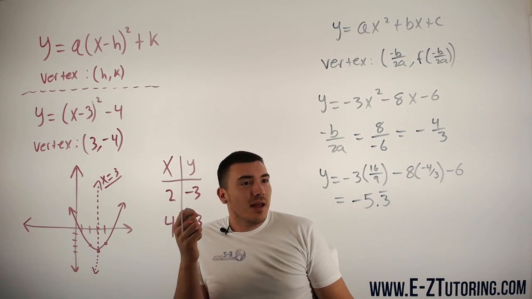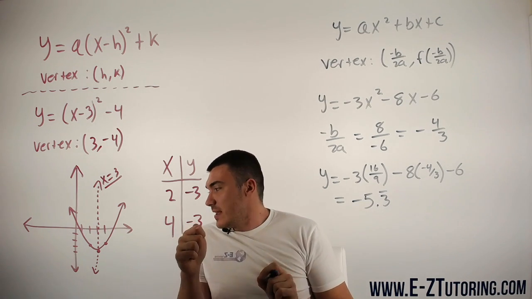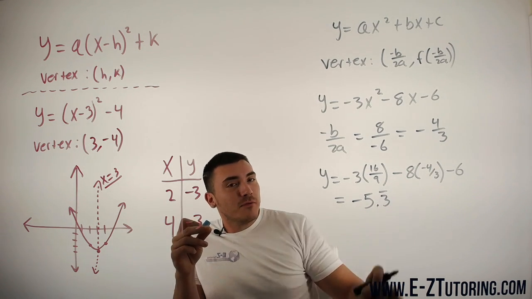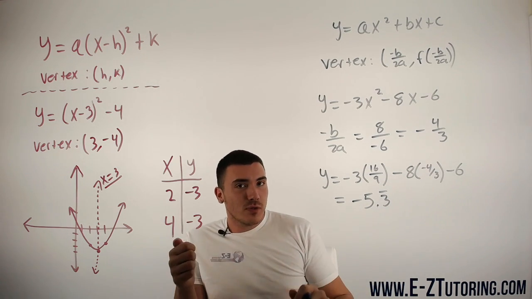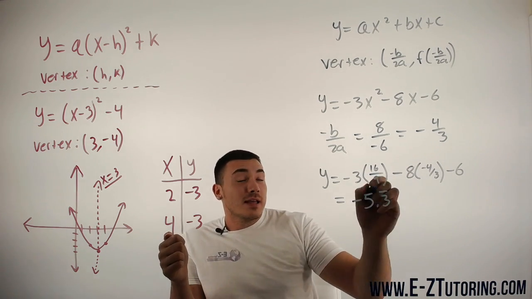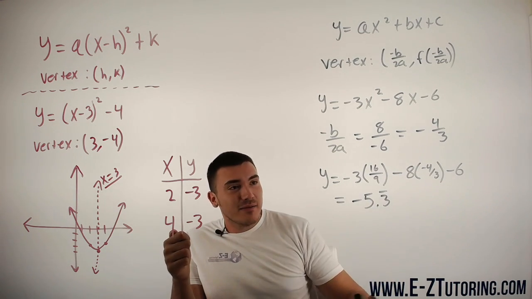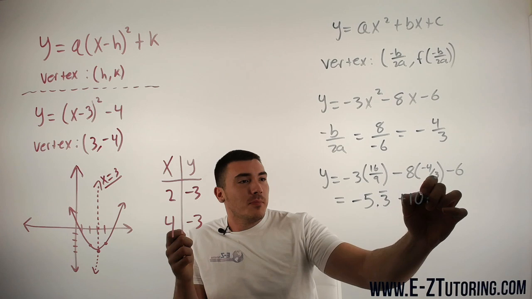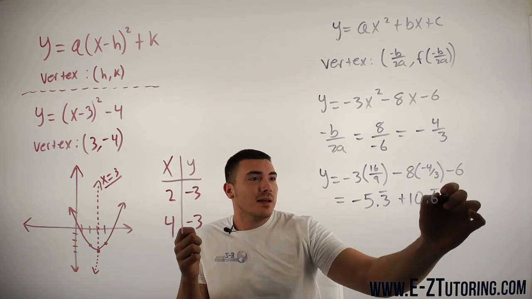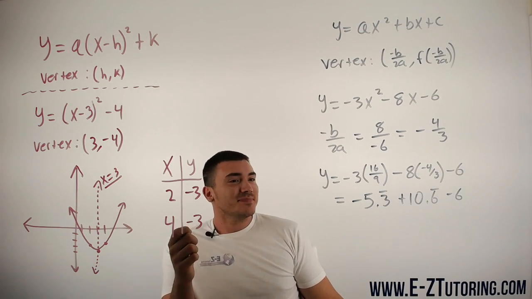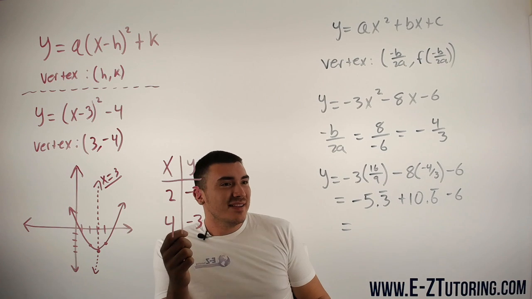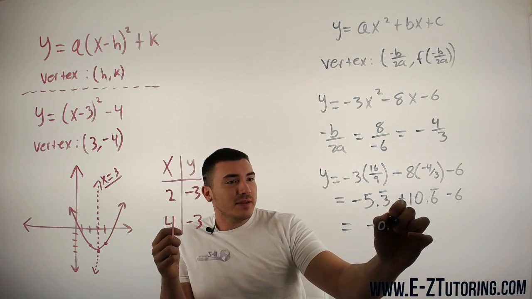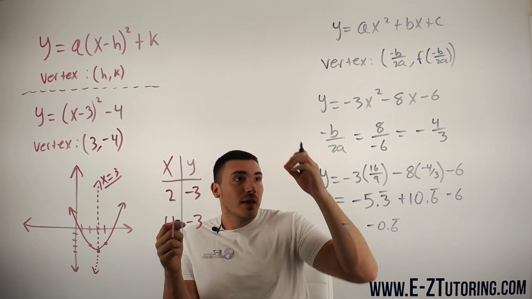I'm just going to do decimals so they're a little bit easier to graph. And then we have negative 8 times negative 4, which is 32 over 3. And that's positive since there's two negatives. So I will write that as plus 10.6 repeating minus 6. All right, so this is going to give us negative 0.6 repeating.